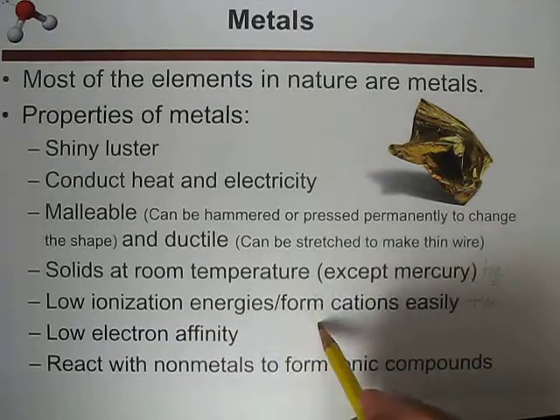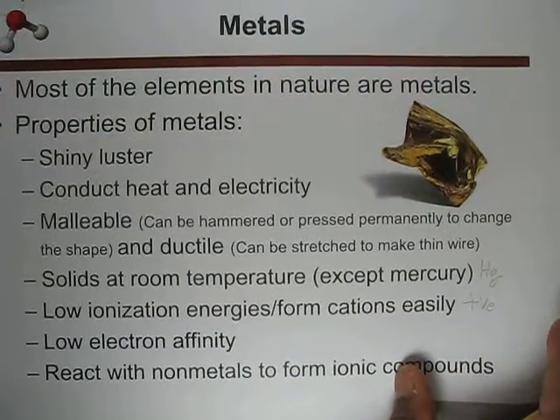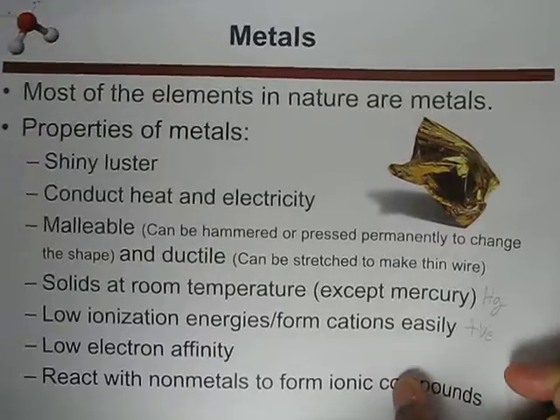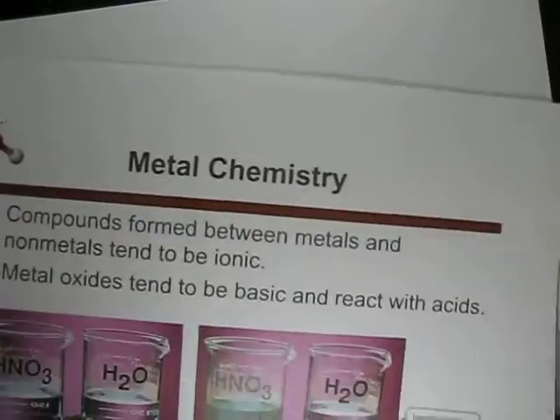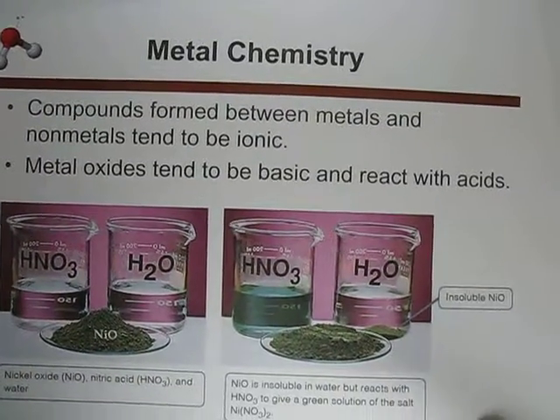Whenever a metal and a non-metal react, they make ionic compounds. So let's see some more properties of metals and the metal chemistry.